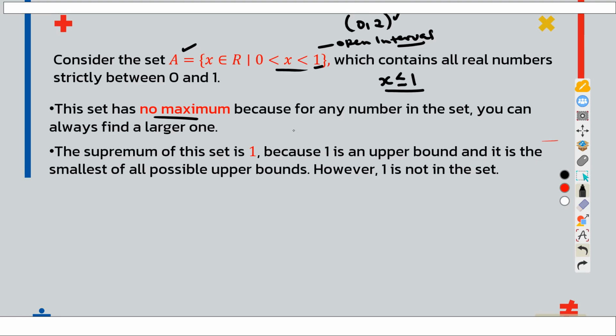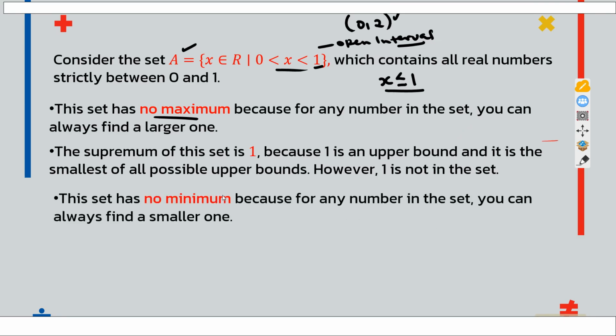So that's why this one qualifies to be the least upper bound, or what we call the supremum, although it is not an element of the set. So that is about the maximum and the supremum.